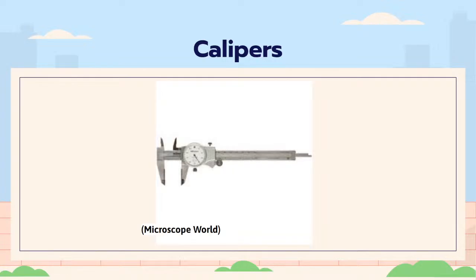But calipers can be used to measure very small things like screws, washers, very tiny things. If you're trying to find the radius or the diameter, like the length of the screw, you're going to need a caliper, because I'm telling you, a ruler is going to be impossible. It's going to be so hard when you're dealing with small screws. That's why calipers are designed to help with those teeny tiny measurements. Okay?